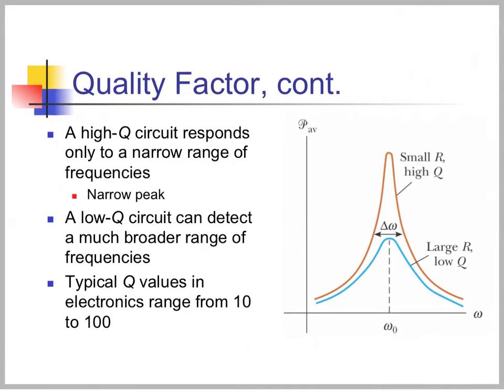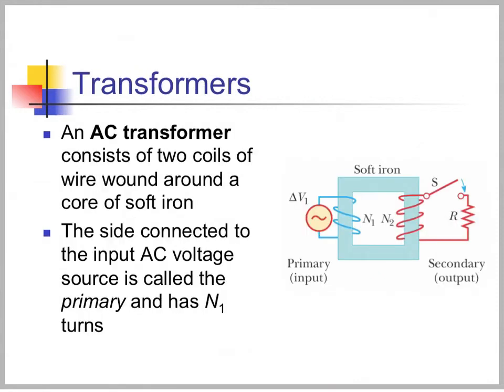Now, a new circuit element that we can talk about in an AC circuit is something called a transformer. An AC transformer consists of two coils of wire wound around a soft iron core. The side connected to the input AC voltage is called the primary, or the input, and we'll say it has N1 turns.